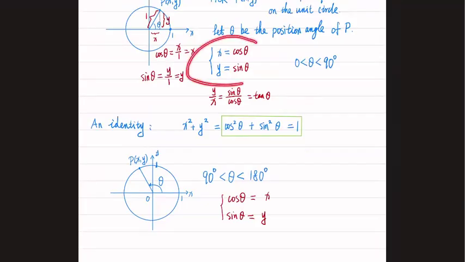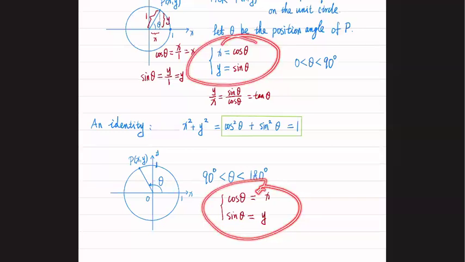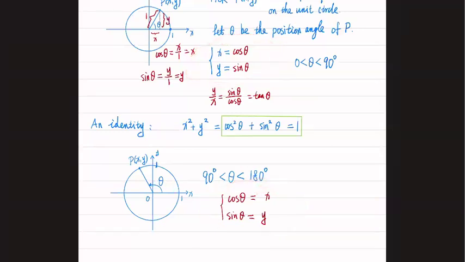Let's compare the two equations. They're the same equations, but they represent different meanings. In this one, we found x and y, and we verified x is cosine, y is sine. For this one, we can find x and y, then we define cosine and sine to be x and y.